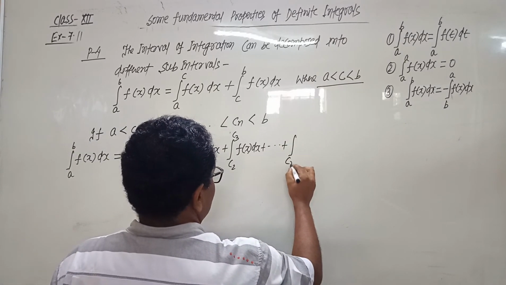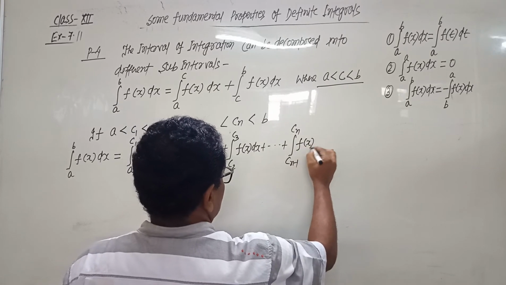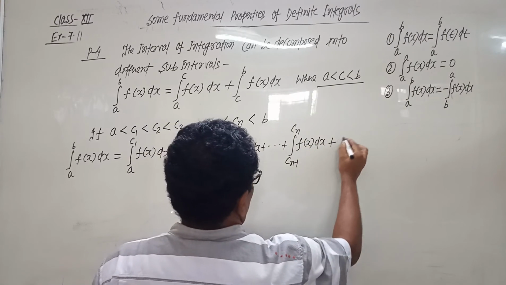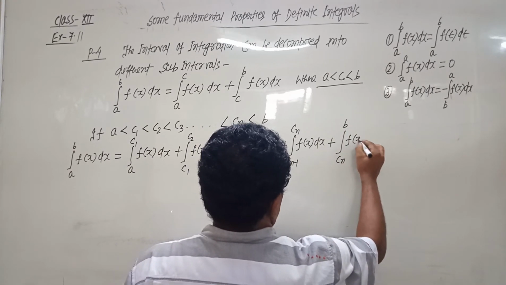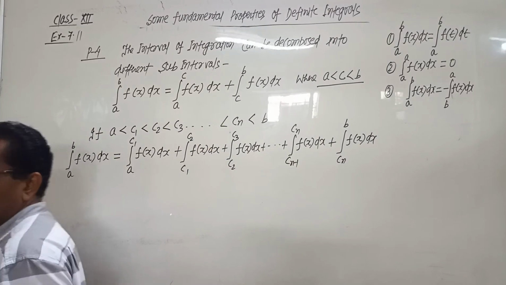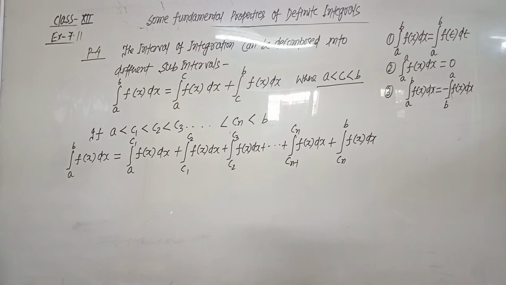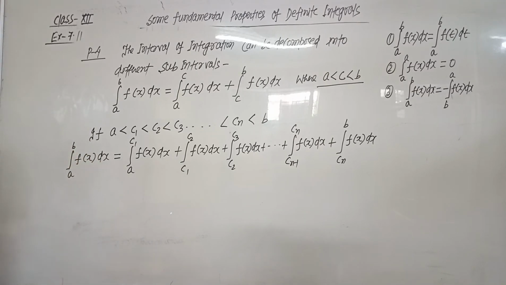So integral cn minus 1 to cn f x dx, and the last term plus integral cn to b f x dx. So we can decompose into several intervals. This is the fourth property. Now we can prove this.